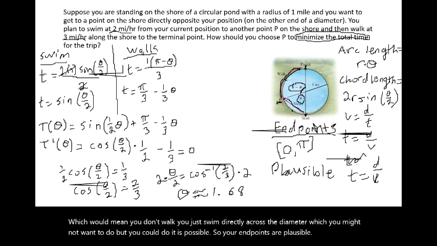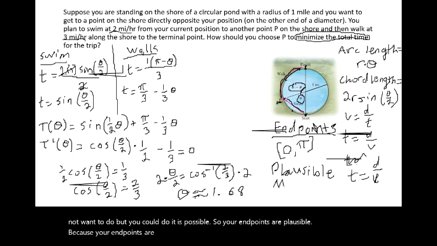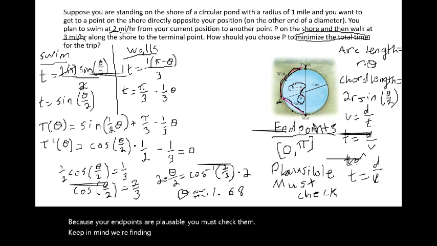Because your endpoints are plausible, you must check them. Keep in mind, we're finding the absolute minimum. We are minimizing the total time. So we're supposed to find the absolute minimum of the total time equation.